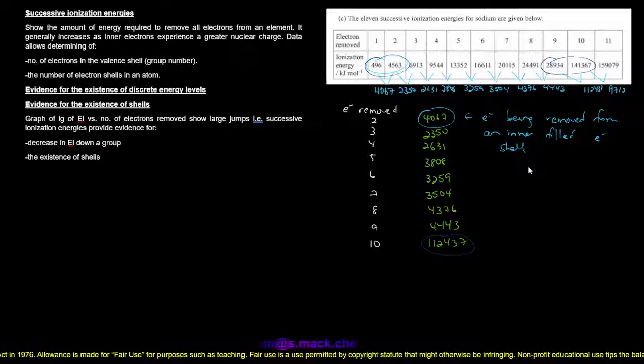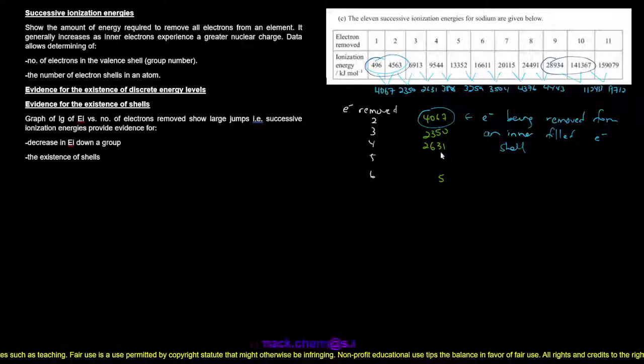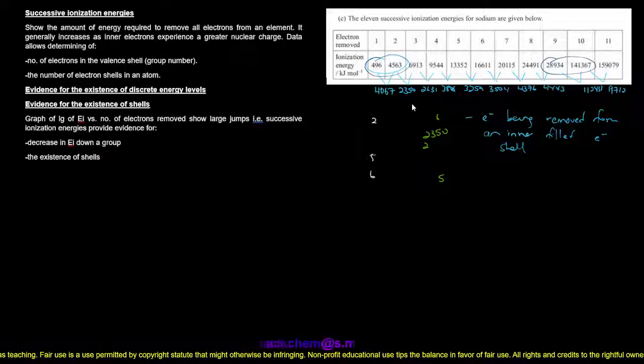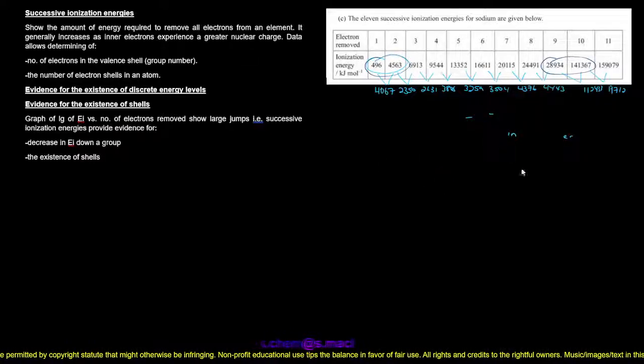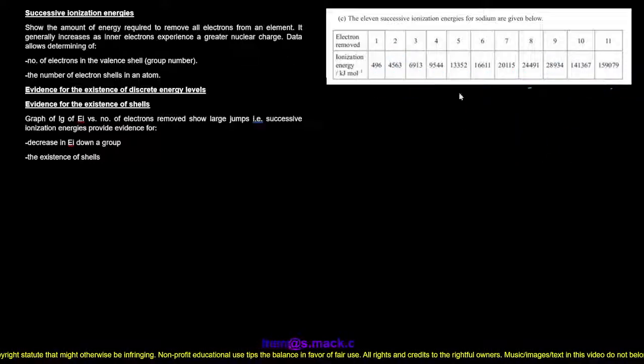Now the data that I am looking at, which is numbers, is a little hard to figure out the jumps in ionization energy, and an easier way to see the jumps would be to look at the log of ionization energy. So I have a sketch of a graph, which shows us the log of ionization energy versus the number of electrons removed.